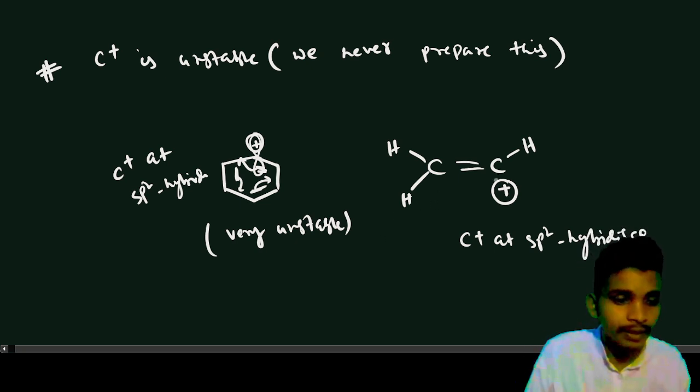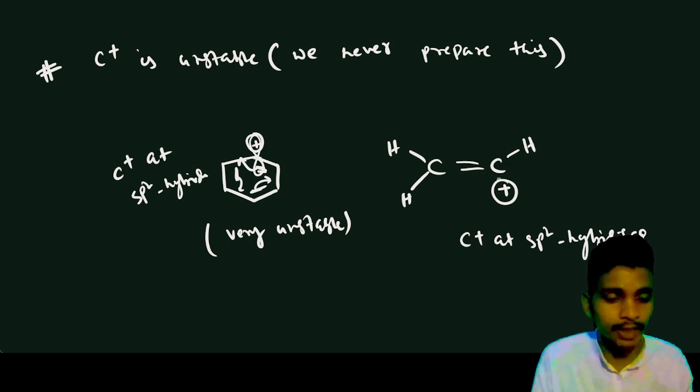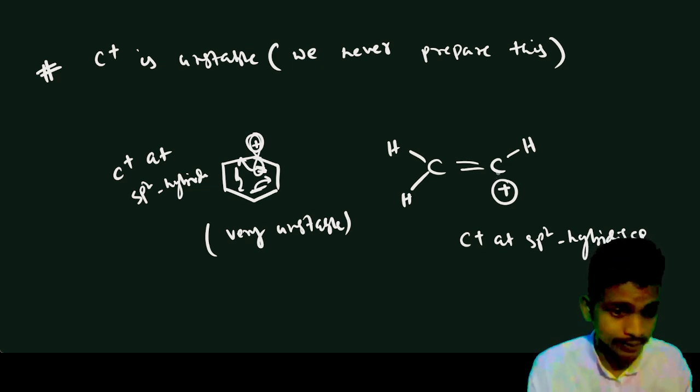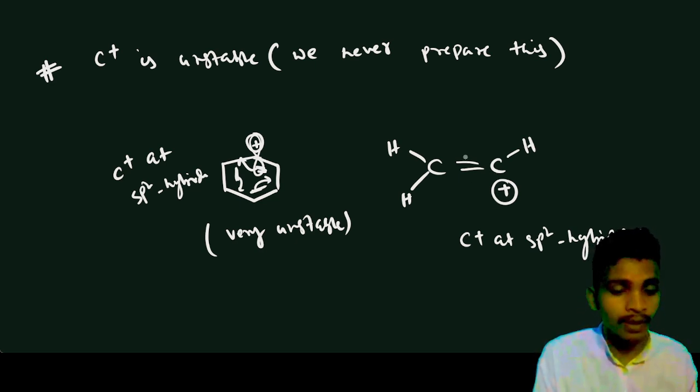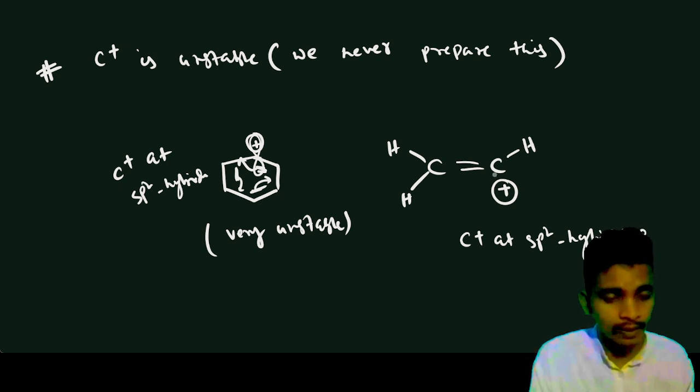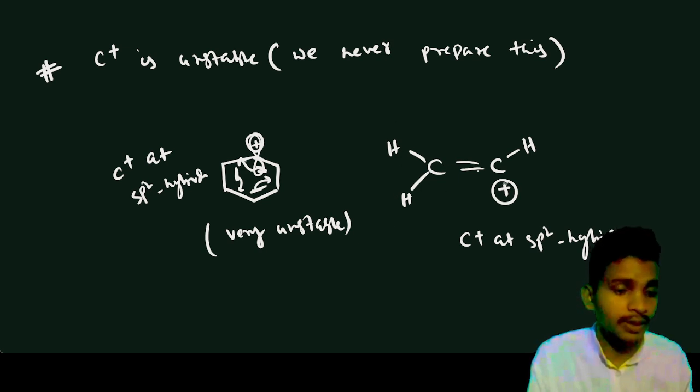The reason is that this carbocation has a vacant p orbital, and it is sp2 hybridized, and a carbocation needs electrons. Where from does it get the electrons? There are already pi bonds, one sigma bond and one pi bond, and hydrogen is there, so it is not getting any electrons from anywhere. That's why these are very unstable.